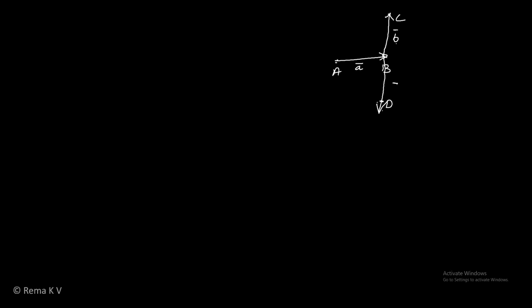This can be represented by minus vector B, and by triangle law of vector addition, AB plus BD is equal to A plus minus B, or this can be defined as A minus B. For finding the difference vector A minus vector B, we can apply the triangle law of vector addition.